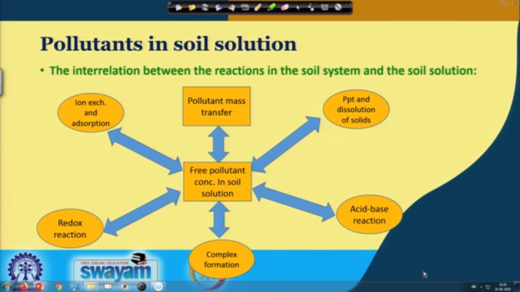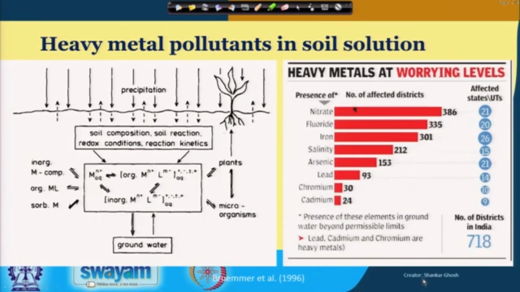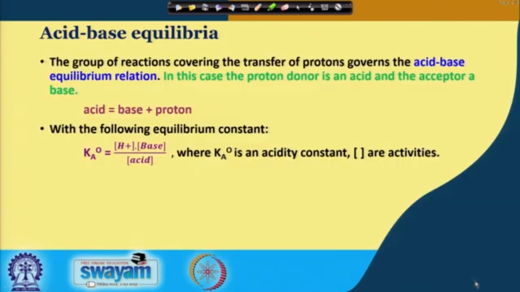Then we have discussed the dynamics of heavy metal pollutants in soil solution. We have discussed how heavy metals are present in varying levels in groundwater, especially as Indian states and union territories are concerned.